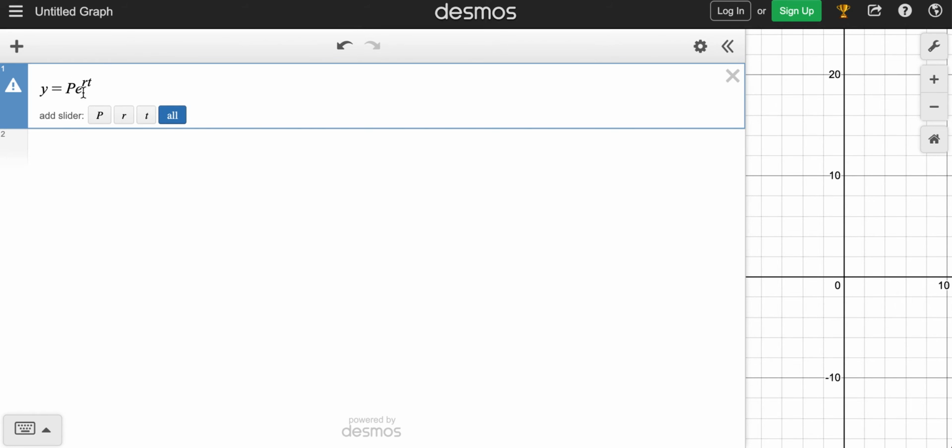Okay, and the only new component here is when they tell us it's compounded continuously, you use this natural base e in there. And obviously in this Desmos calculator, you can just type the letter e on your keyboard. On your calculators, you should be able to find an e to the x or e to the first button on the face of your calculator.